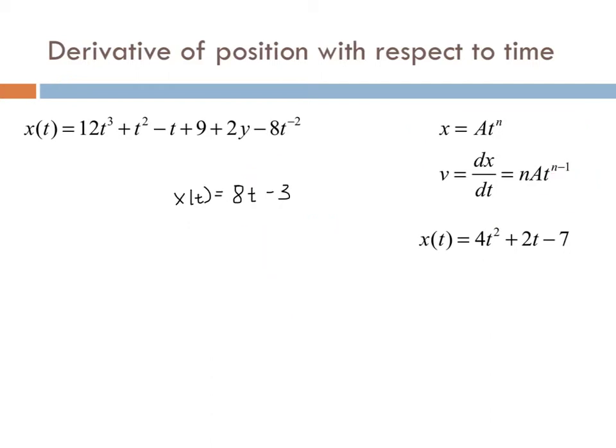Another example is a position function equal to 8t minus 3. So we're going to do the exact same formula to each piece of the equation, starting with 8t.